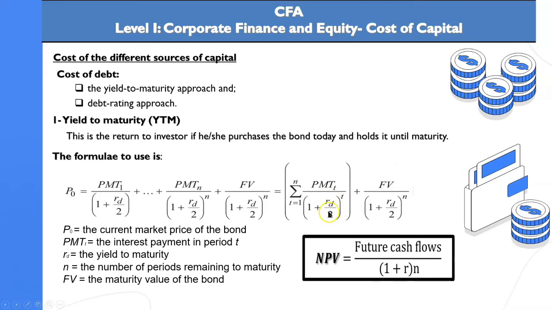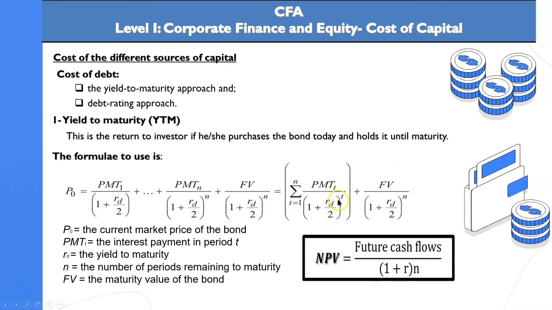Why divide by 2? Because the company pays semi-annually. Because the company pays 5% semi-annually, 5 divided by 2, you'll get 2.5 for 6 months, because you get it every 6 months. This is why if it is a quarterly payment, we divide by 4.